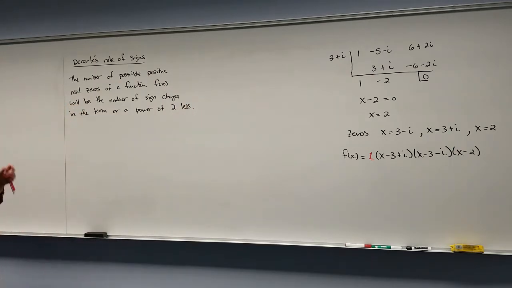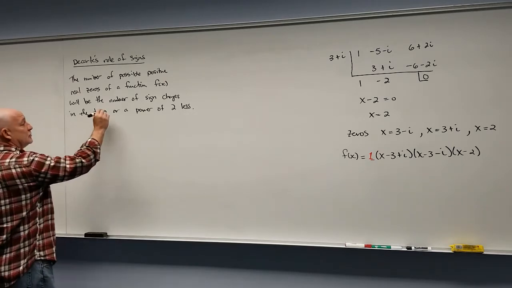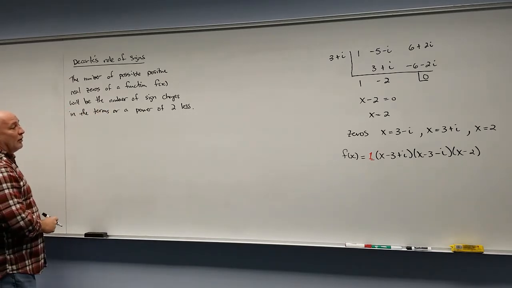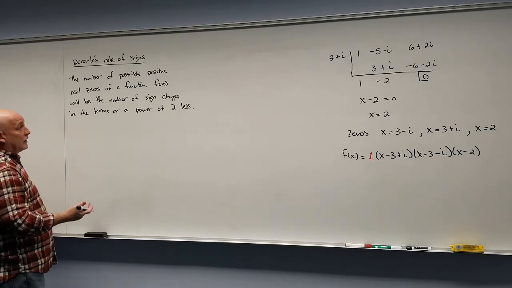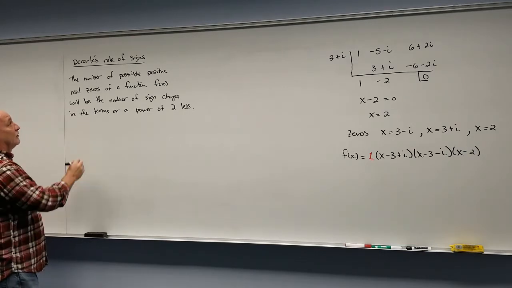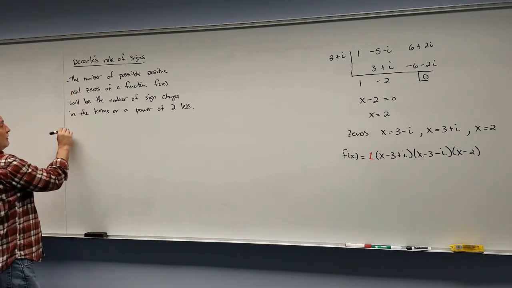All right, the number of positive real zeros in a function will be the number of sign changes in the terms or a power of 2 less. Now, what does that mean? Well, we'll get to that in a second. It's pretty messy.